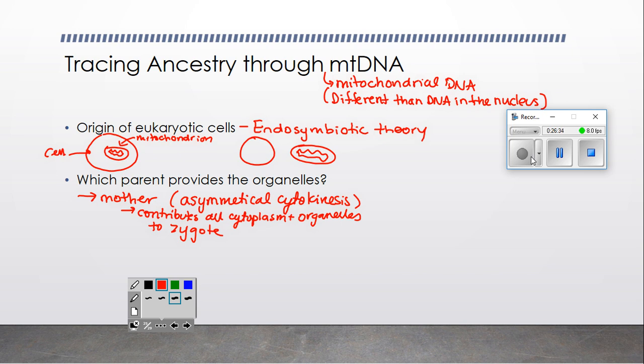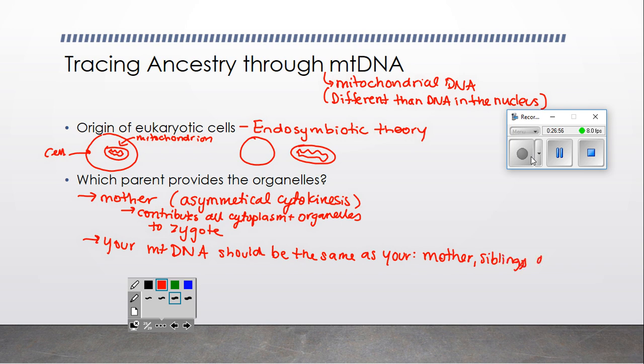So, what does this mean? It means your mtDNA should be the same as your mother, as your siblings, or any maternal ancestor.